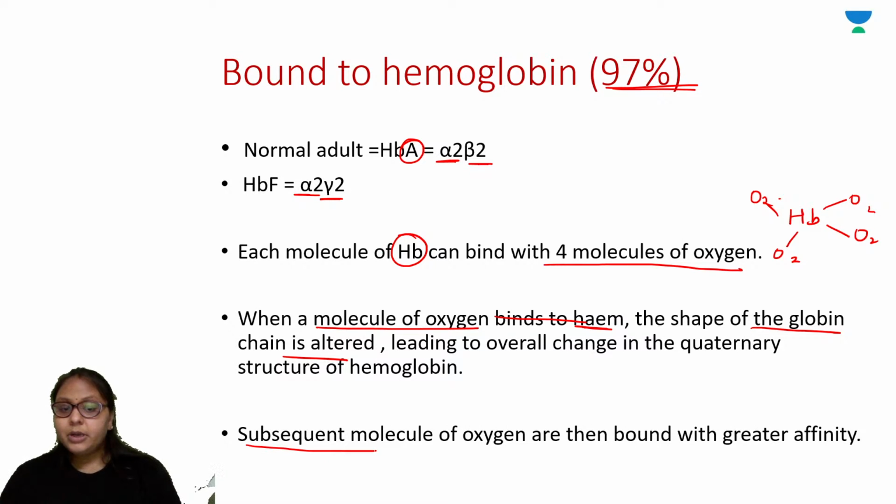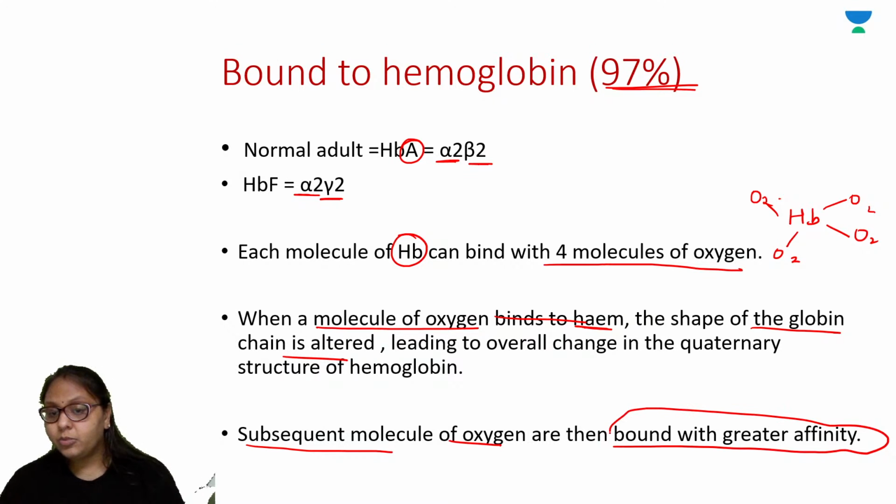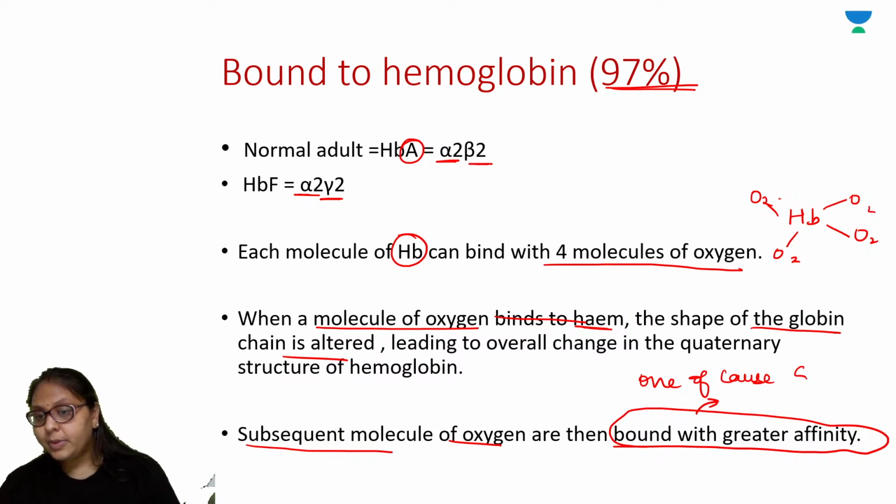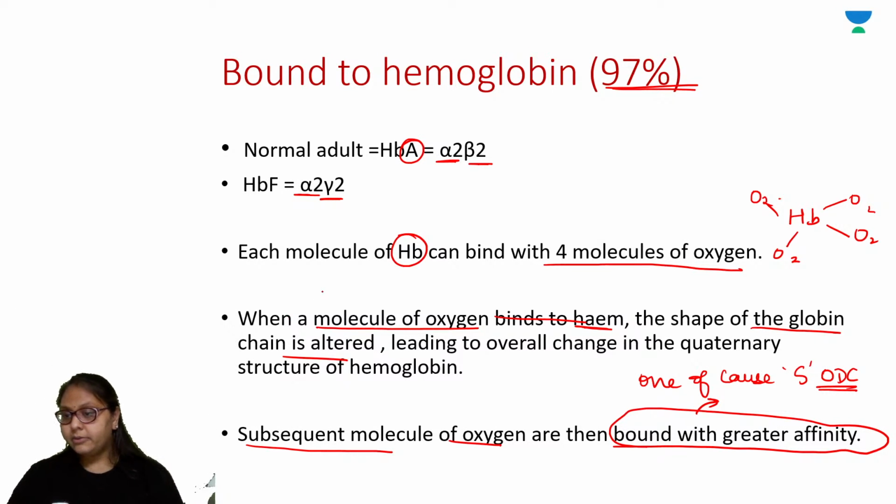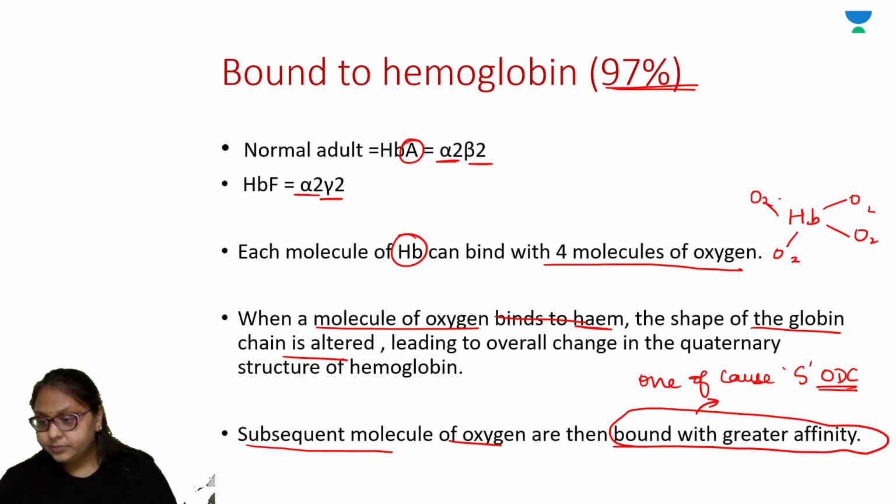Therefore, the subsequent molecules of oxygen are bound with greater affinity to the hemoglobin, and this is one of the causes for the sigmoid, S-shaped curve of oxygen dissociation. Is it clear? Are you getting my point? Any doubts? So oxygen is carried in the blood in 2 forms. One is dissolved in the plasma and one is bound to the hemoglobin.